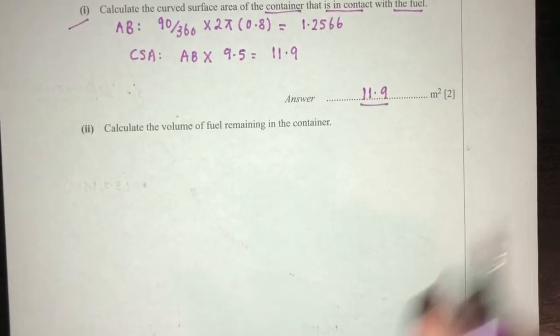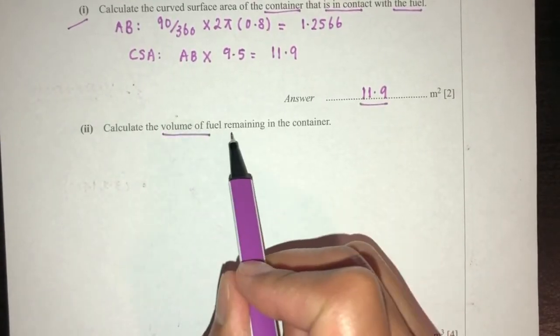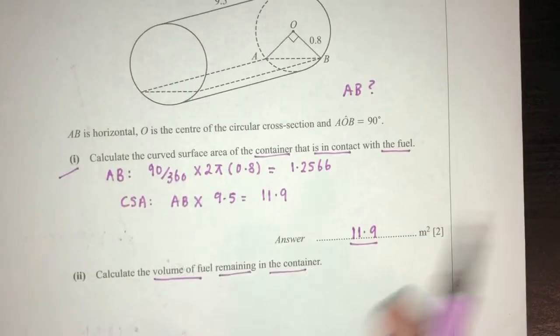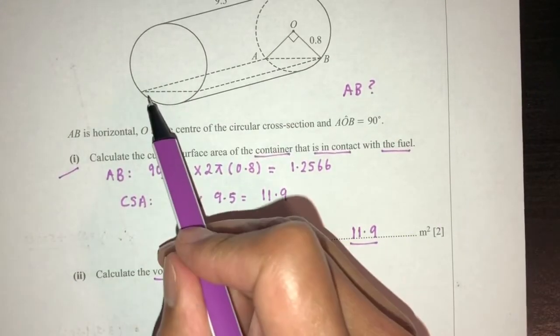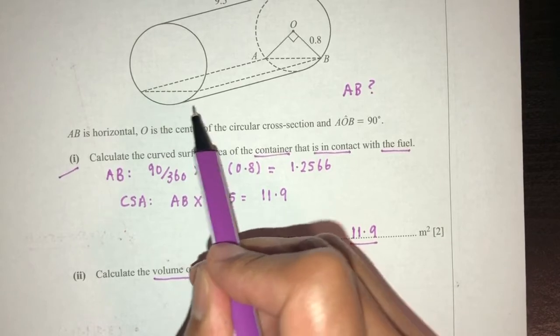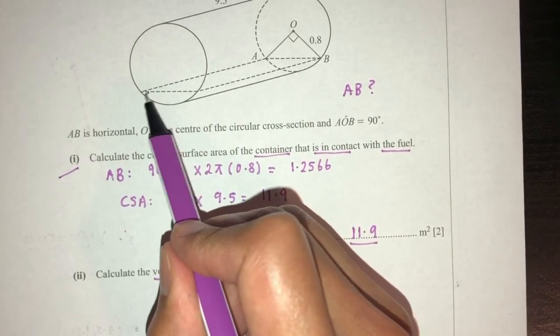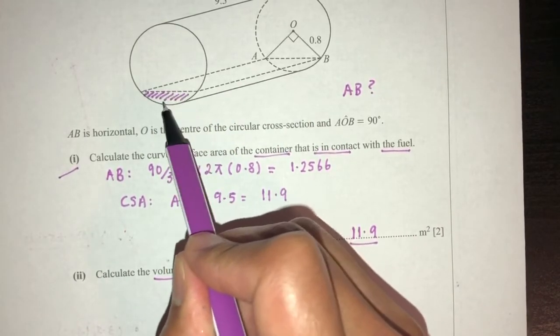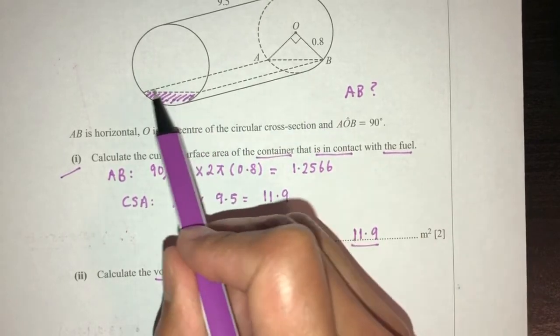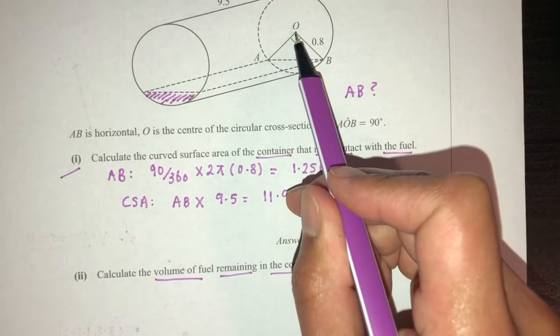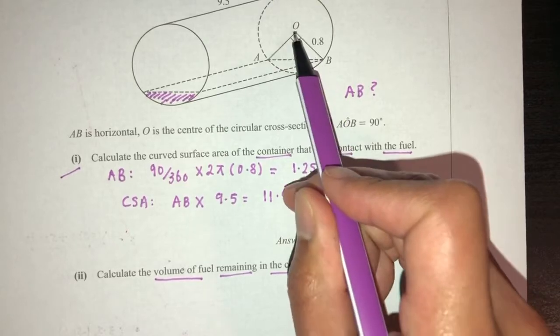Now for part 2, calculate the volume of the fuel remaining in the tank. So how do you find the volume of a prism? You have to find the area of cross-section times the length. So how would you find this area? This is the area of a segment. As you can see, we first have to find the area of sector minus area of triangle. So let's do that.